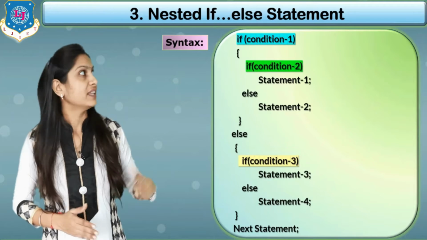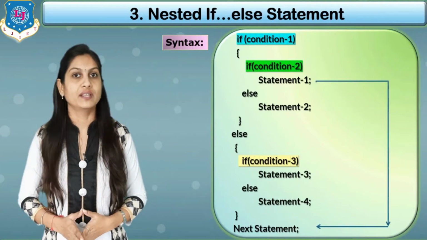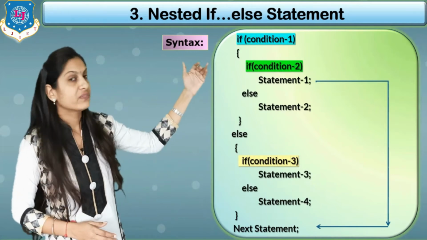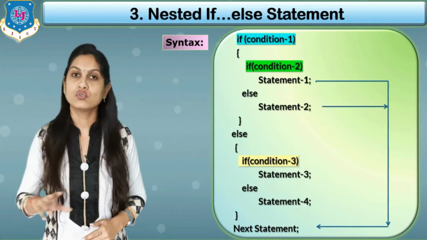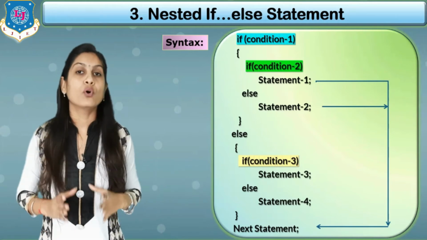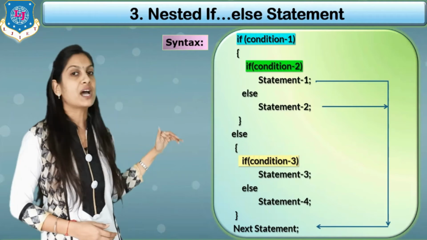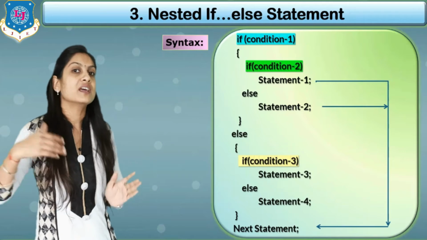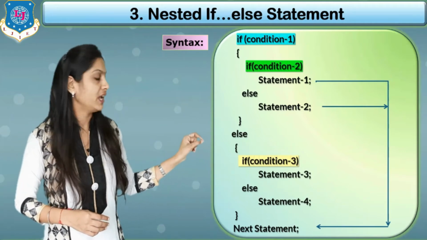If it is true, then statement 1 will be executed and the cursor moves to the next statements. If the second condition is false, then statement 2 will be executed and we move to the next statements. And suppose our first condition becomes false, then the else part for that if will be executed. Again we apply nested if else, so put if and else inside of it.